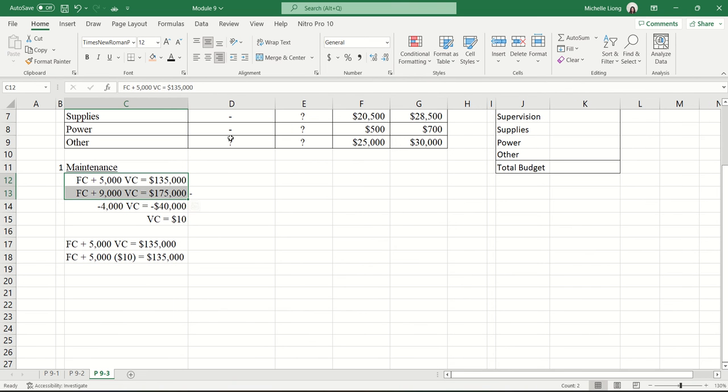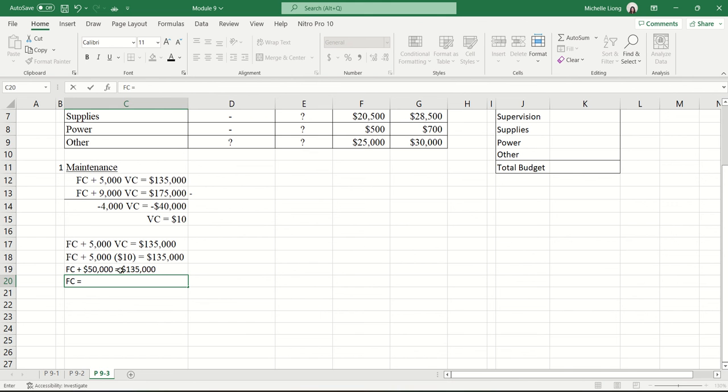Then we can find the fixed cost plus 5,000 times $10 is 50,000, equal to 135,000. So the FC is 135,000 minus 50,000, which is 85,000.